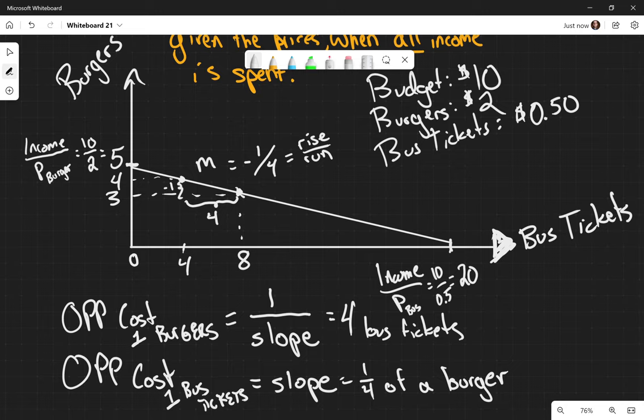And some of you are going to say going to the concert and going to the movie. That answer is wrong. The opportunity cost can only be one thing. So it's either going to the concert or going to the movie, whichever one you value the most. So the opportunity cost is always the second best, the next best option. It's not the combination of all of the other options, if that makes sense. It's just the next best option.